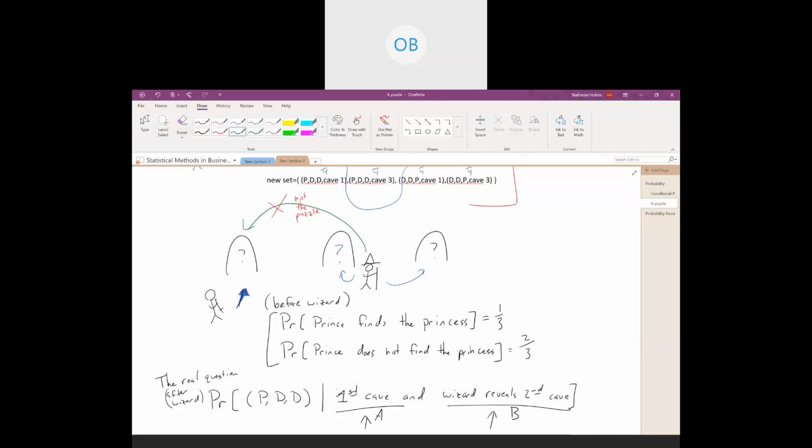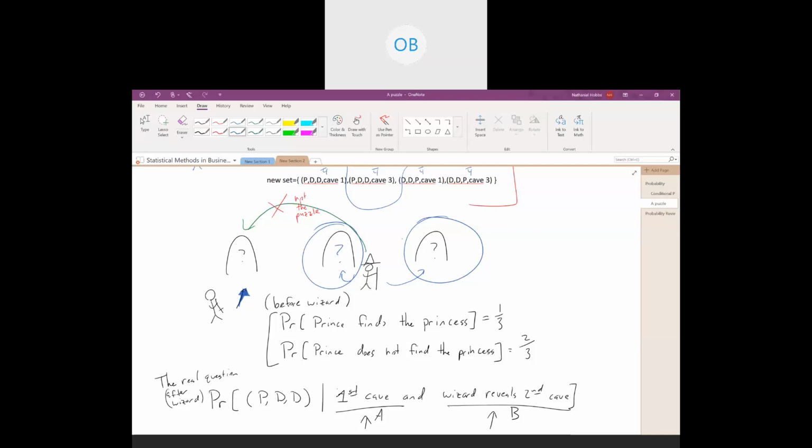He can reveal either one he wants. So what would be the probability that he reveals one or the other?